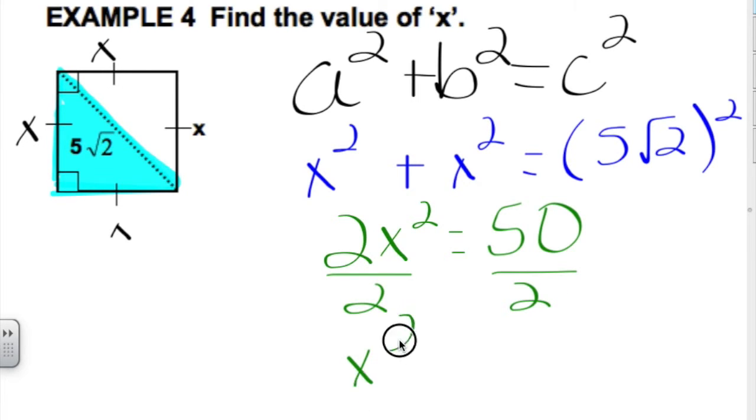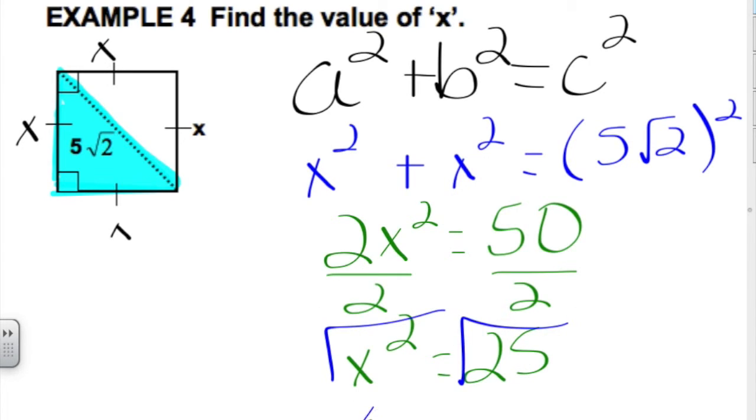So I have x squared equals 25. Square root both sides, and x equals 5, which means all of the sides of the square are 5. From this, you might be asked what is the area, what would be the perimeter, or you might be asked further questions.